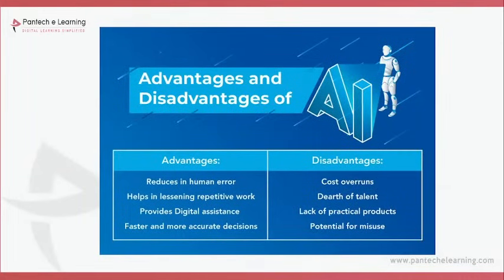Okay. Likewise, in AI we have advantages as well as disadvantages. The major advantage is reducing human error. Humans can make errors, but the robot makes a minimum amount of error, and sometimes even that is not possible.